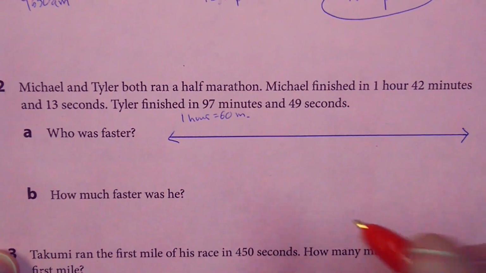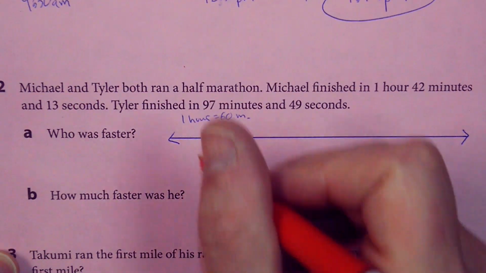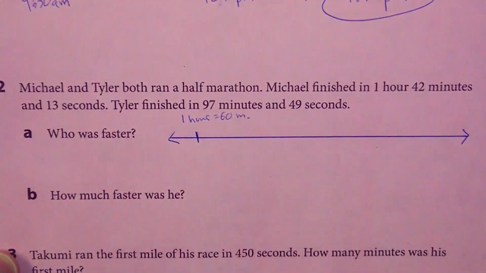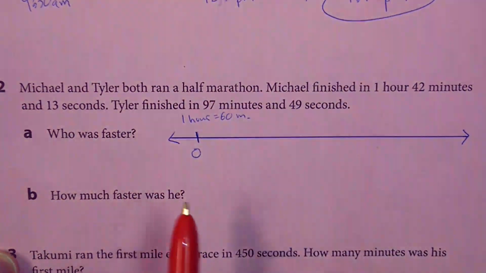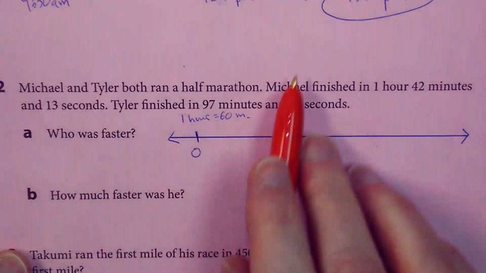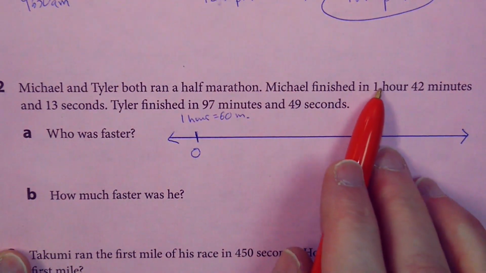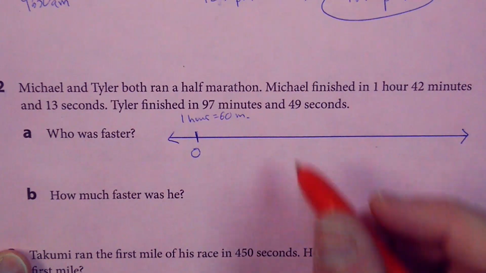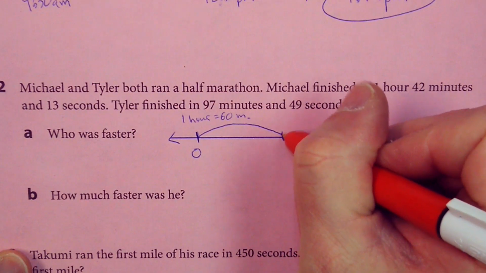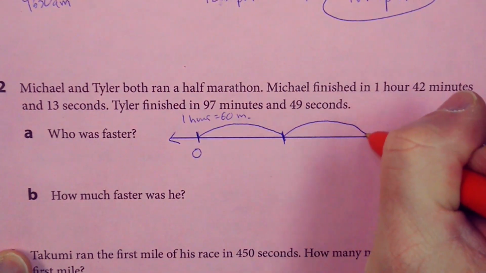Now, let's say we just have a starting point. Okay, and we would say this is 0, 0 time. 0 hours, 0 minutes, 0 seconds. And we do Michael first. So we're going to go 1 hour and 42 minutes. So I'm going to go 1 hour, and then I'm going to go 42 minutes.